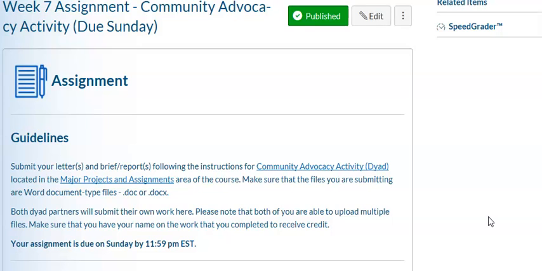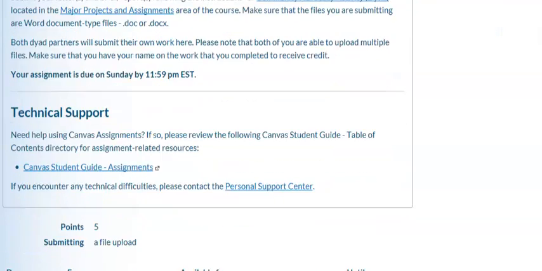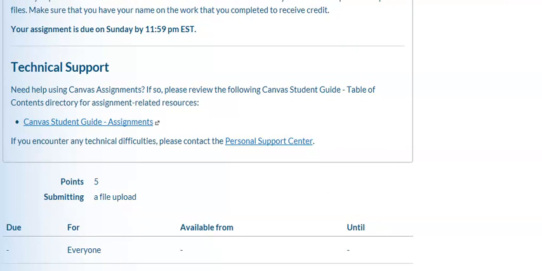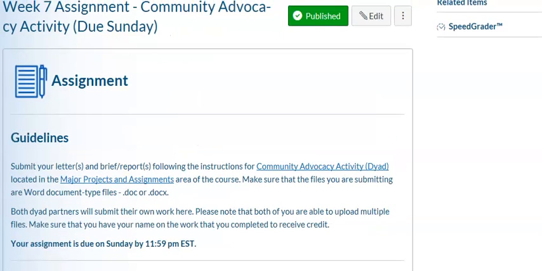One of each is required, but feel free to do more than one so that all 3 of you are providing either a letter to the editor or a press release. So you're going to now create those documents. You're going to upload them. And that is your assignment for week 7.